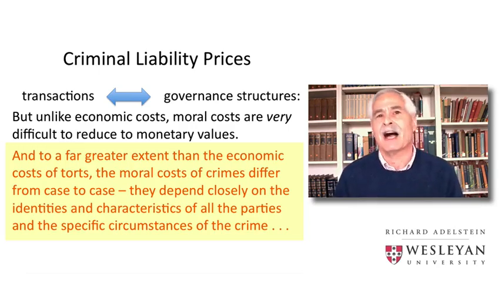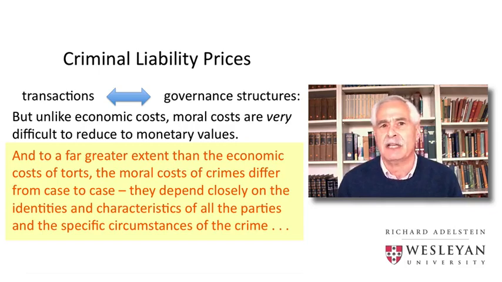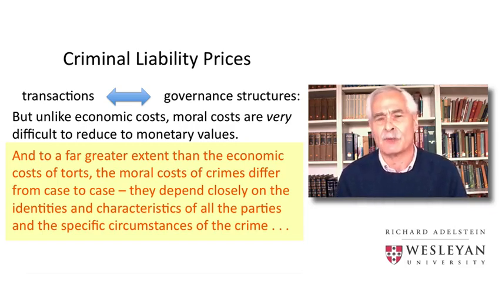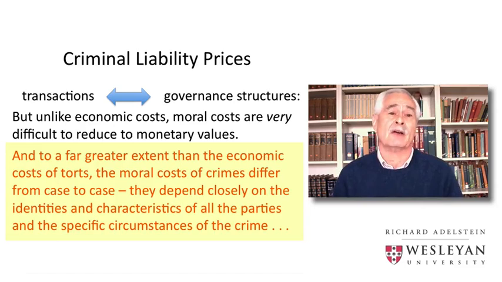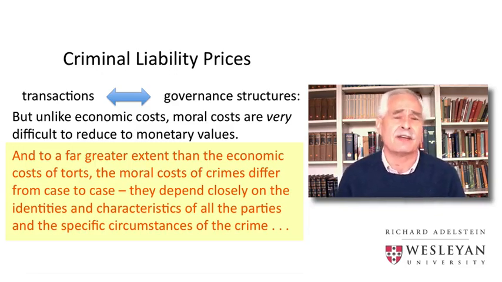It matters what kind of person the victim is. It matters who the perpetrator is and what kind of person the perpetrator is. And it matters the circumstances that the crime was committed in. Was there an excuse? Was there a justification? Was there a provocation? Was this an especially heinous offense because of some characteristic of the offender or the victim? And so on and so forth.